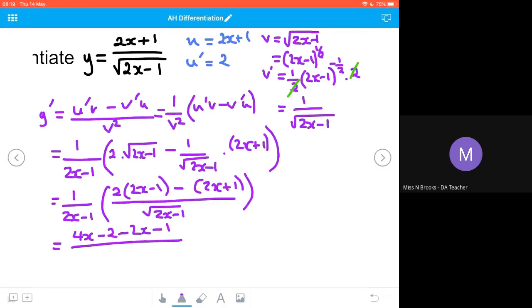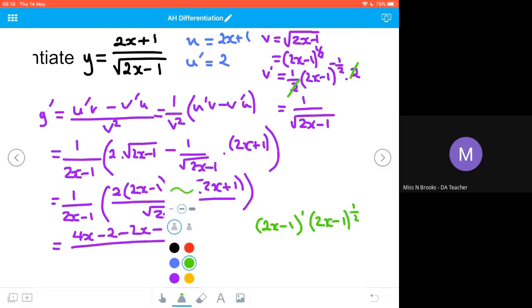Now, if we choose a different color and go over to one side, if you think about it, if we've got 2x minus 1 to the power of 1 multiplied by 2x minus 1 to the power of a half, remember we add our powers, but we can't have mixed numbers, so we're going to have to change that to a 2 over 2.